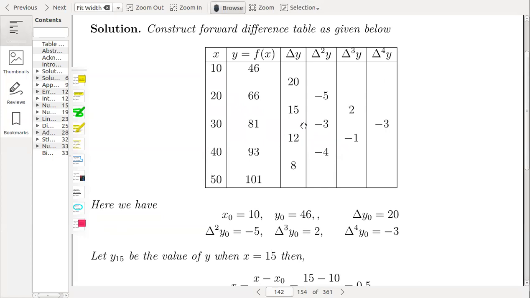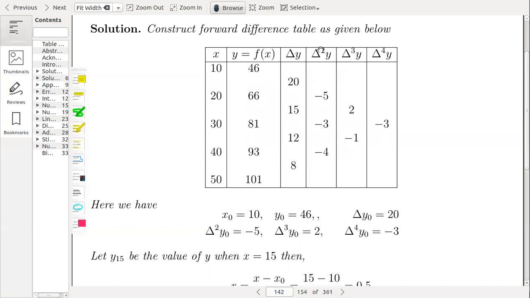So this is the first order forward difference, which can be calculated as 101 minus 93 is equal to 8. Okay. And then 93 minus 81 is equal to 12. And then 81 minus 66 is 15. 66 minus 46 equal to 20.